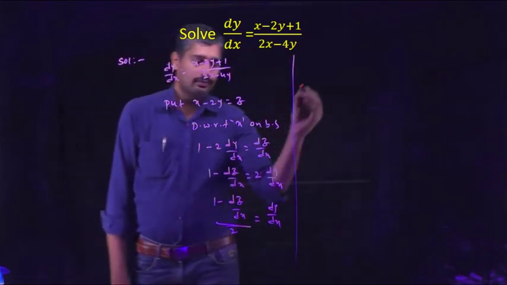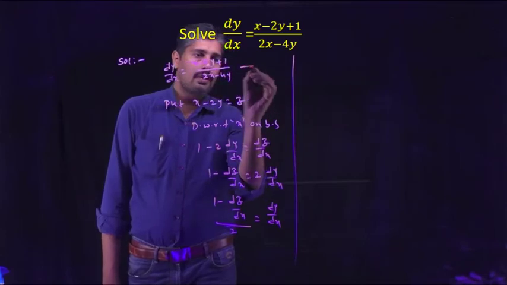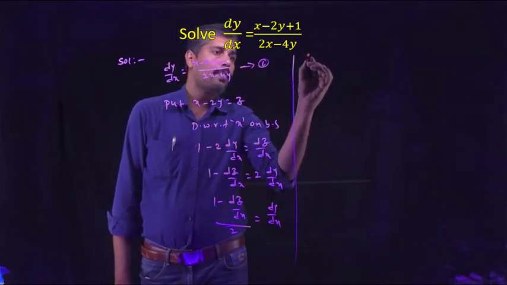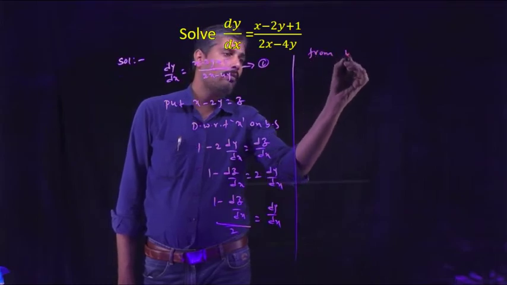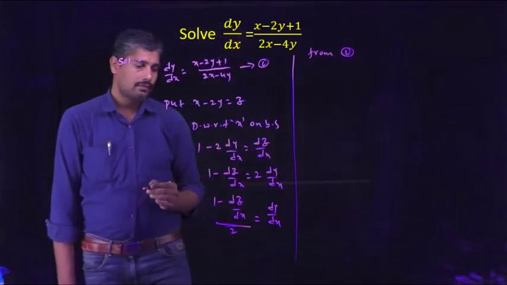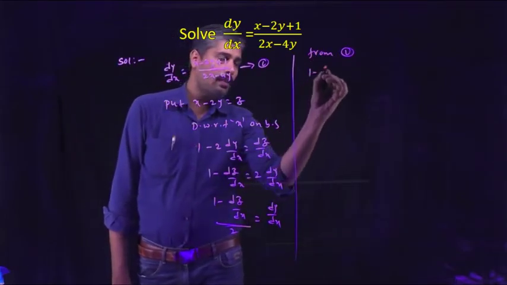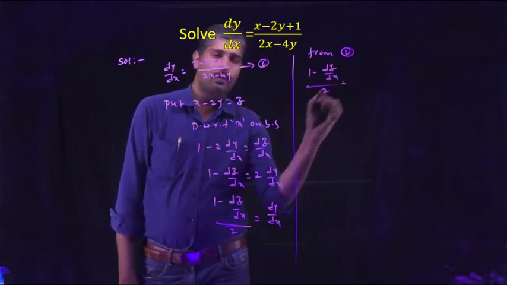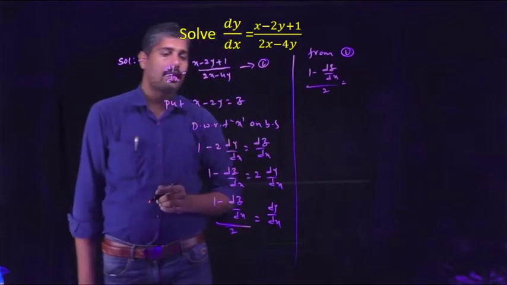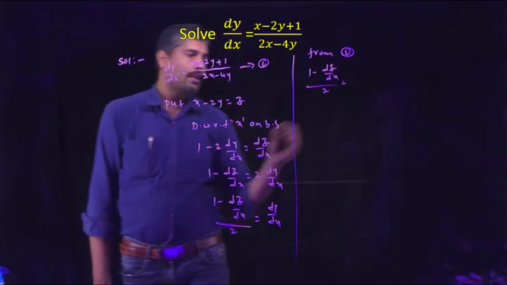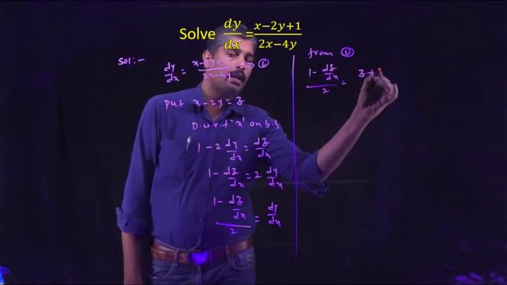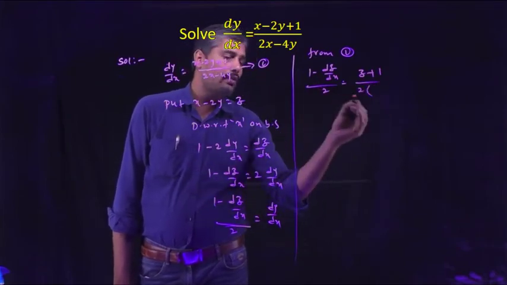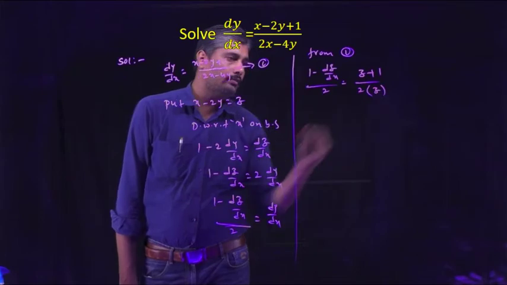See, this is equation number 1. Therefore from 1, 1 minus dz by dx by 2 equal to x minus 2y, we take it as z, that is z plus 1 by, take 2 common, x minus 2y equal to z, that is 2z.